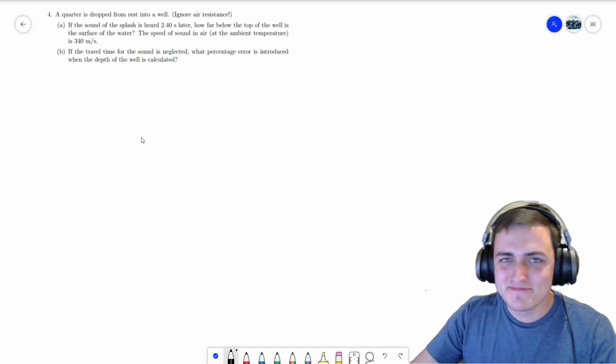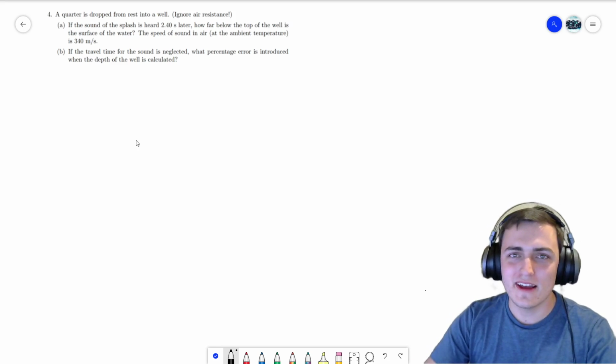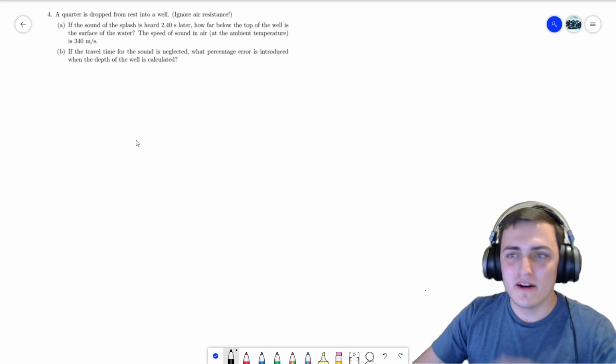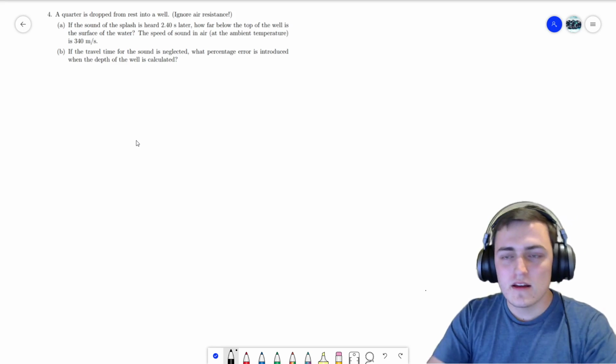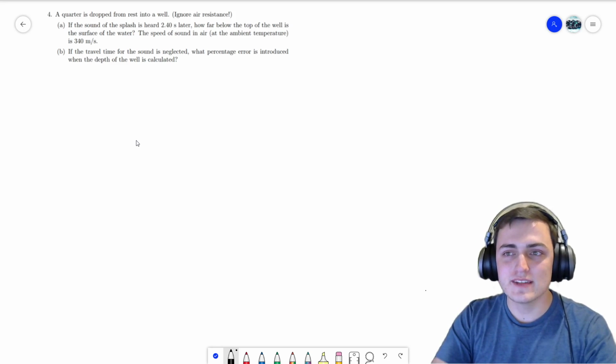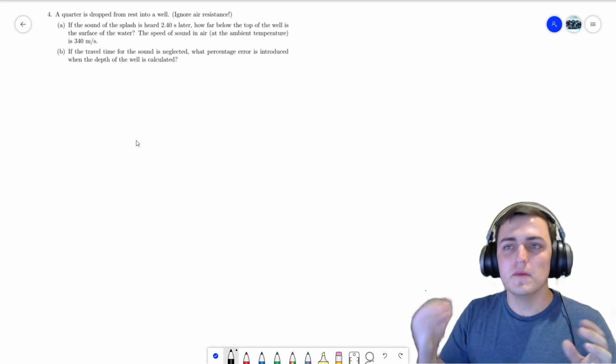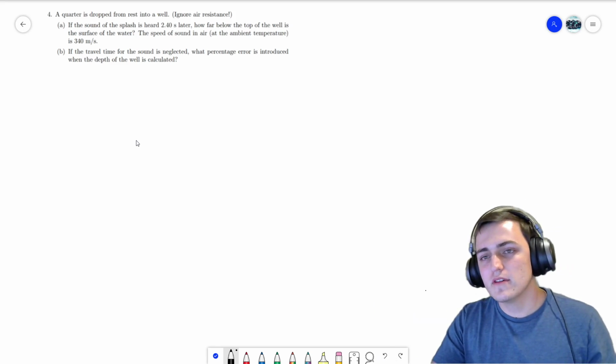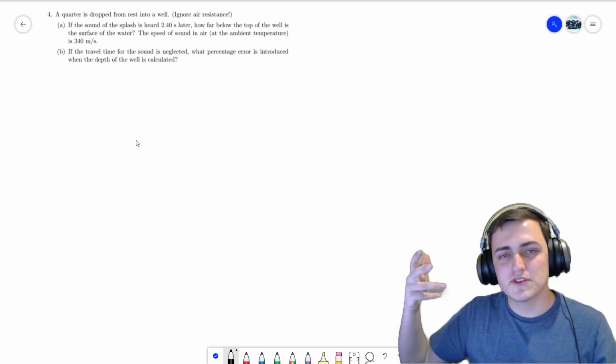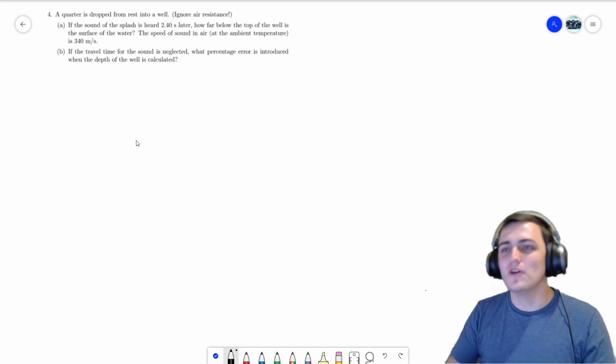So in this problem, we are looking at a quarter falling down into a well, and we are given the total time of the sound of the splash, which means we have 2.4 seconds from when the quarter is let go of to when that person hears the sound of the quarter hitting the water.